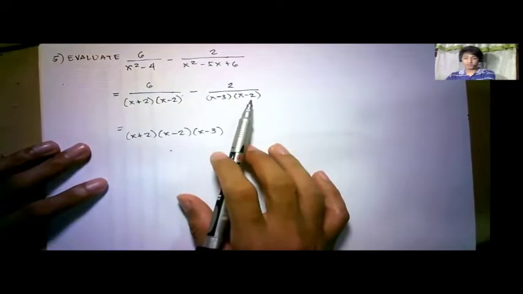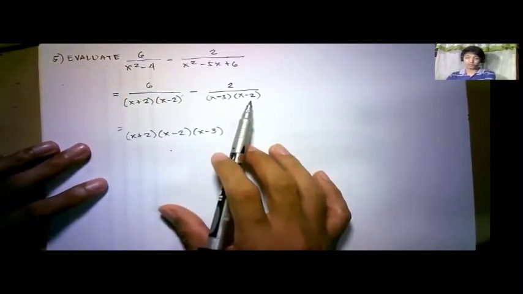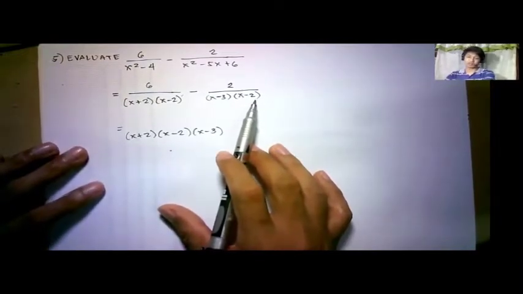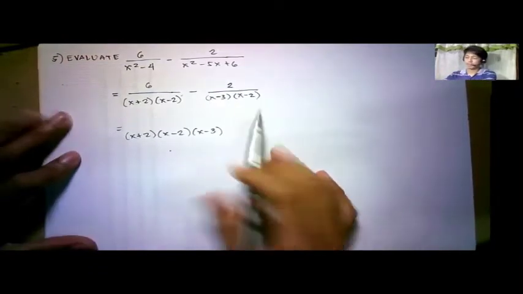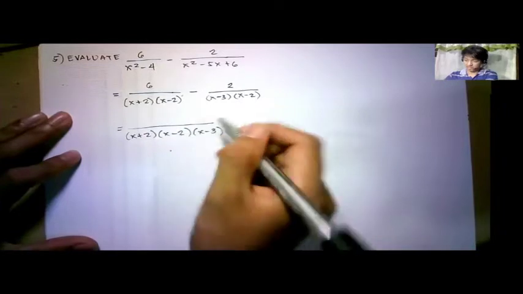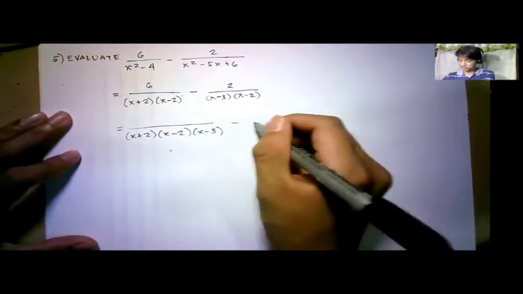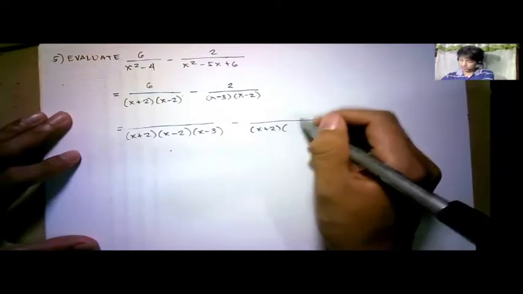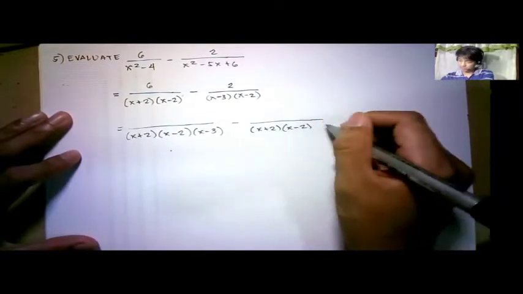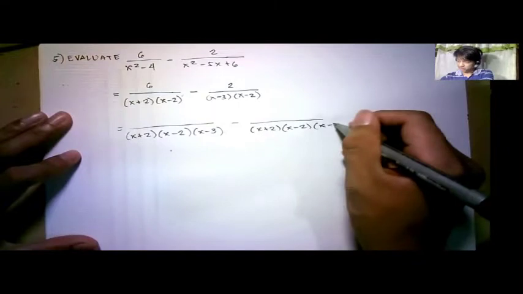So if we have two common terms, just write one term only. So again, the LCD is x plus 2 times the quantity x minus 2 times the quantity x minus 3. And then let's do the process.